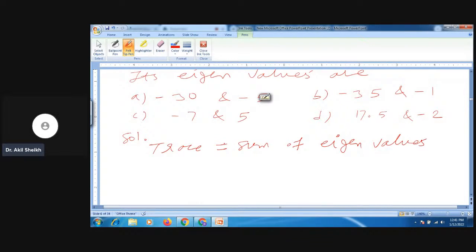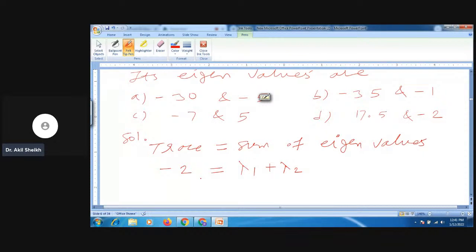We have a matrix of order 2 by 2, so obviously there will be two eigenvalues. So we assume lambda 1 and lambda 2 are the two eigenvalues. The trace is given as minus 2, and the sum of eigenvalues is lambda 1 plus lambda 2.